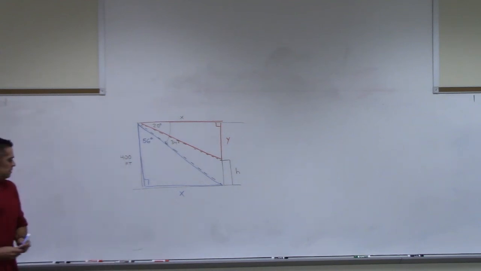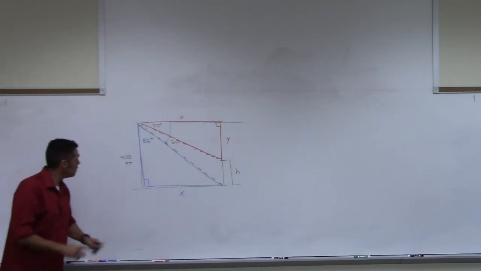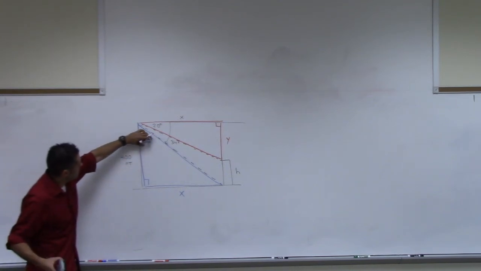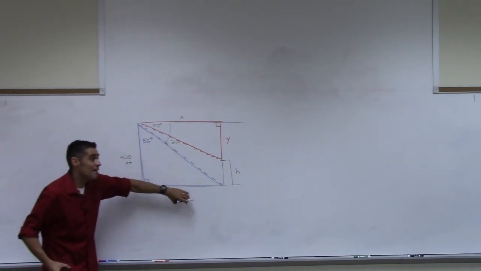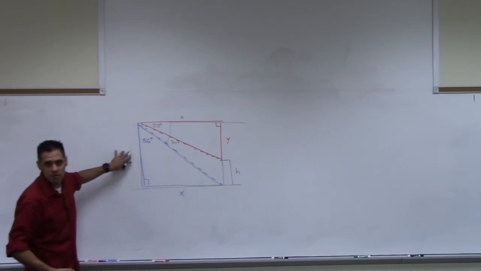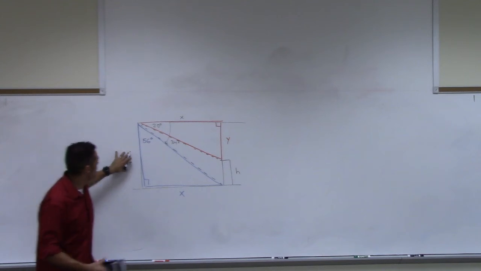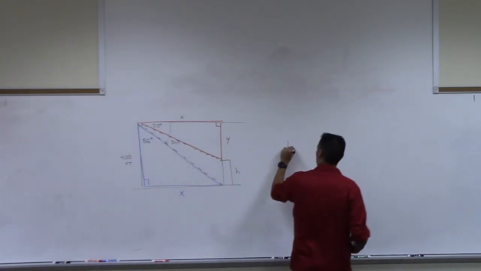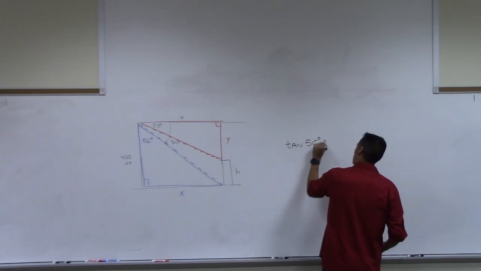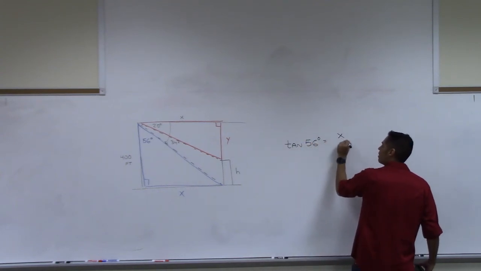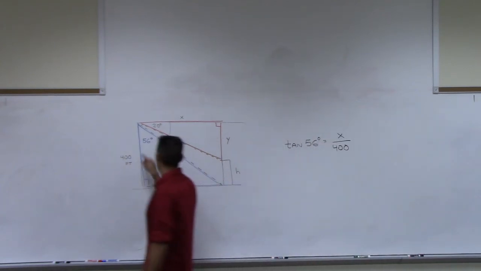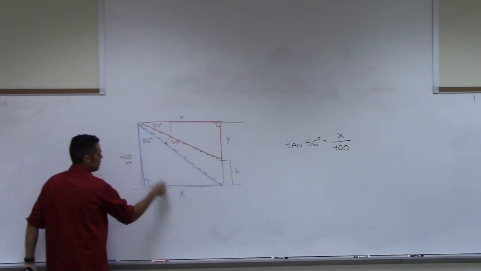Okay, now I would just get my calculator out and I would set up a trig function here. I have 56 degrees, I have the side opposite of it, and I have the adjacent side to that angle, right? So I know that tangent of 56, I'm using tangent because tangent is opposite over adjacent, so x over 400. Do you all understand that? Tangent of this angle is x over 400.